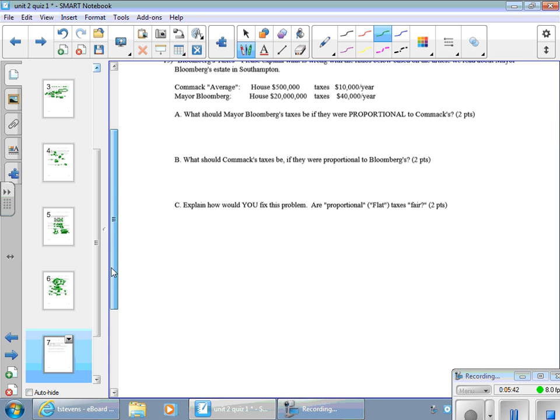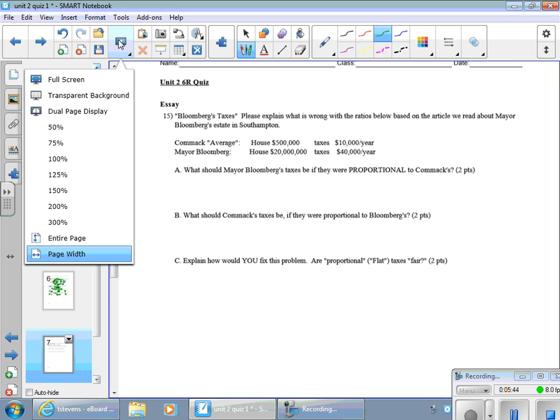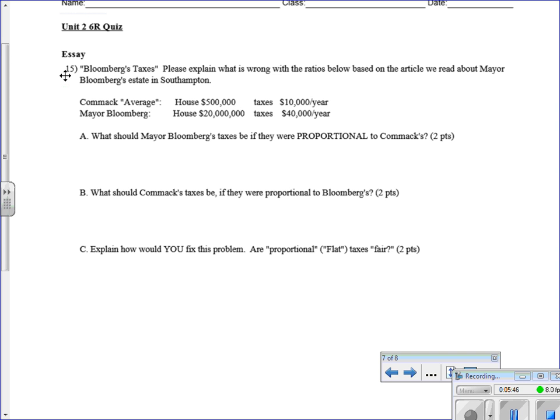Bloomberg's taxes. This question, I don't know, everybody says I went too crazy with it, but in Comac, the house is worth an average 500,000. Bloomberg's estate 20 million. That's 40 times more. So this would be like Bloomberg buying 40 houses in Comac.